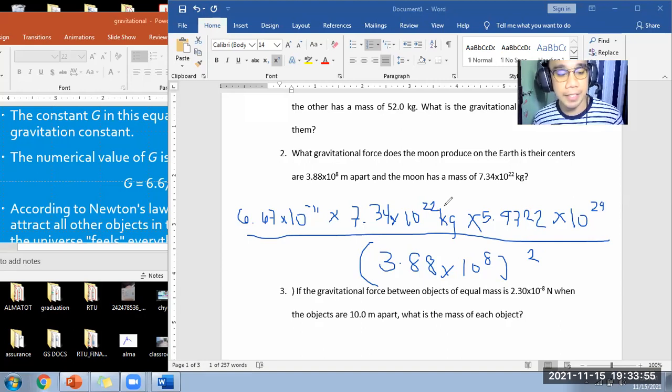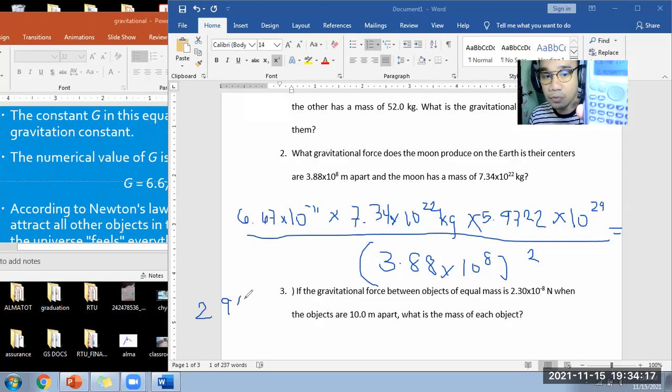So, nakuha natin ay 2.92 times 10 to the 37. Ito pa lang yung nasa taas. So, magiging ang sagot nito sa taas ay 2.92 times 10 to the 37.